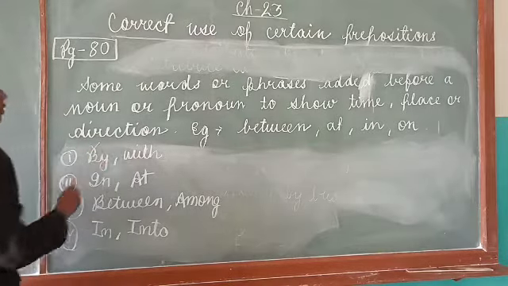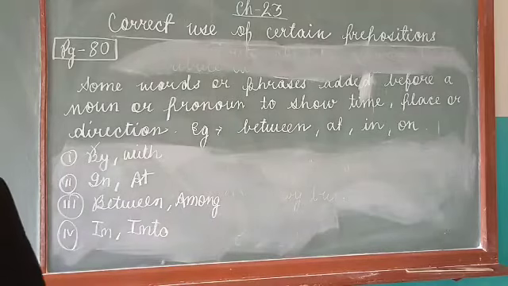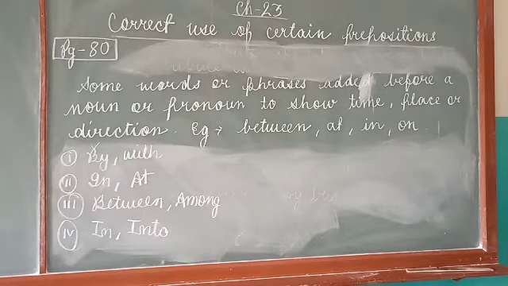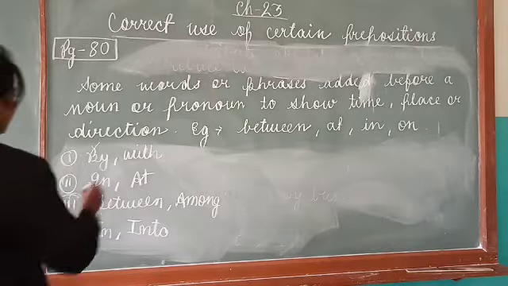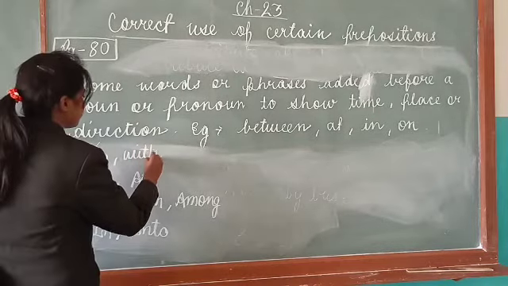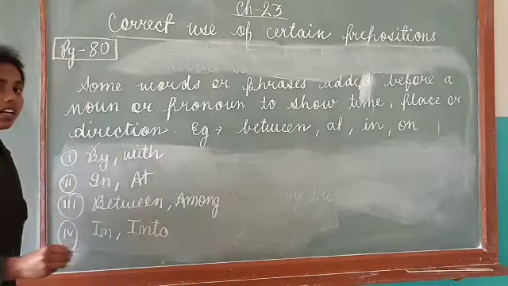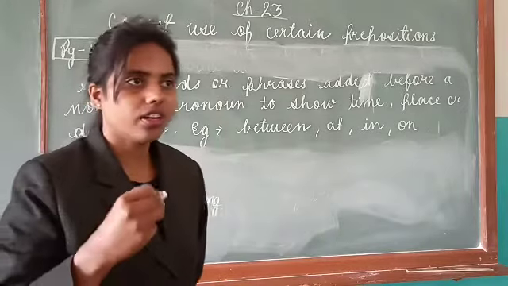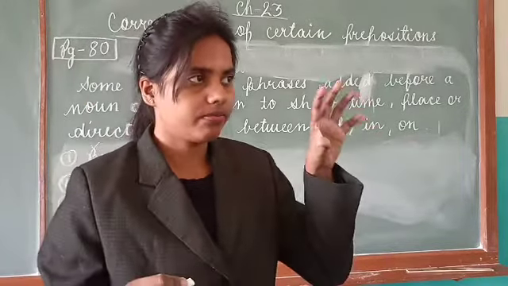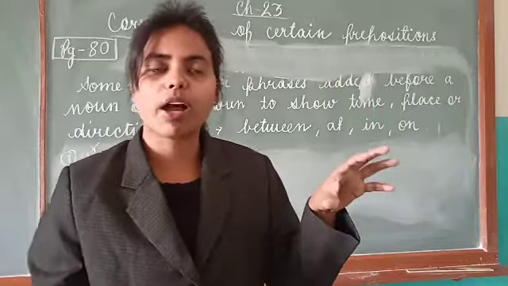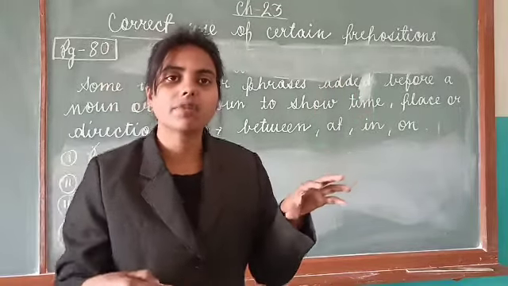So, by we use to show the action of the doer. To show the action of the doer, we use what? By. And with we use to point out the instrument through which the action is being performed.